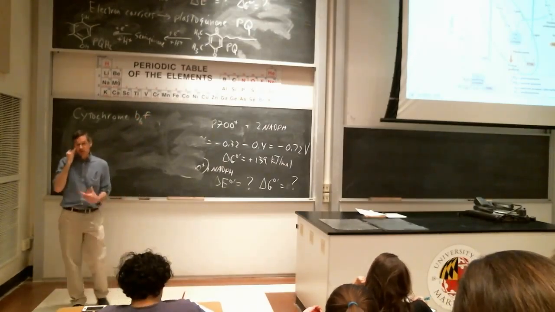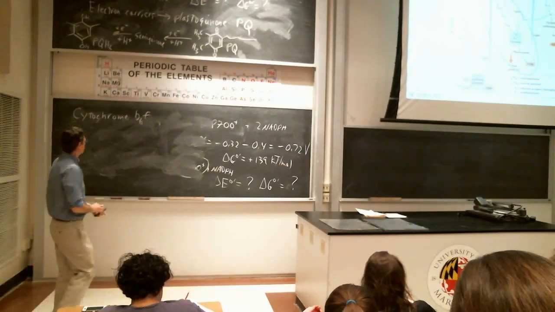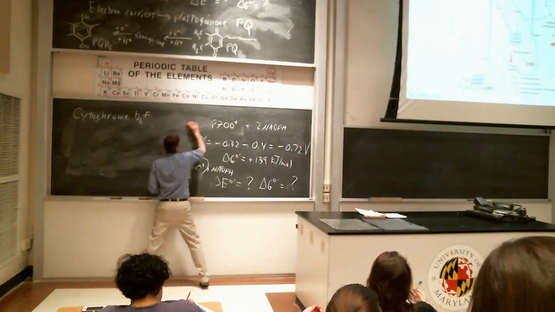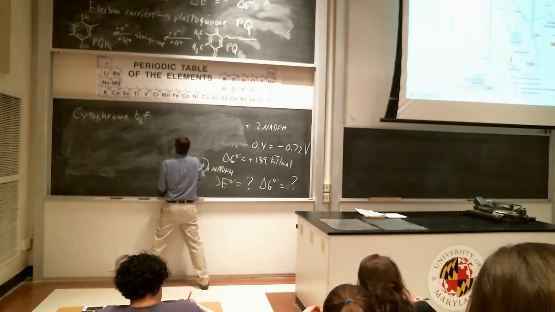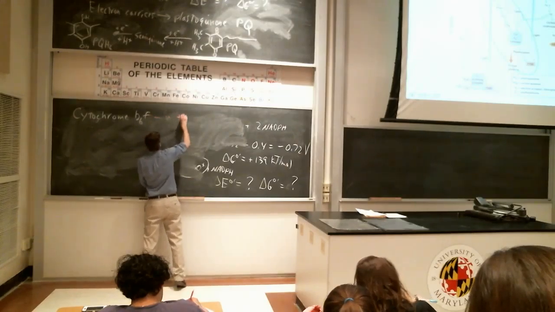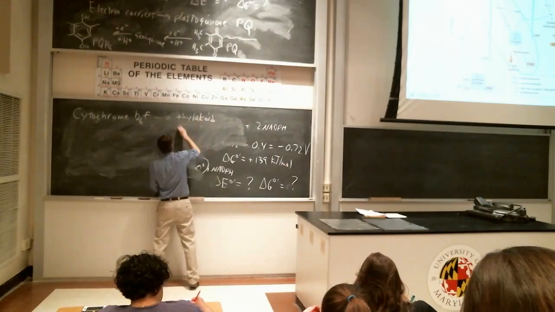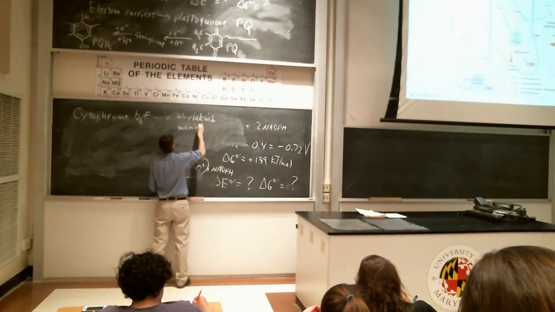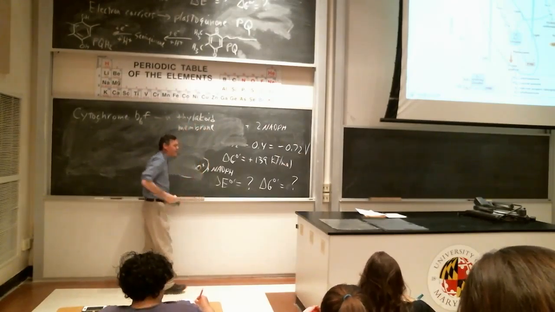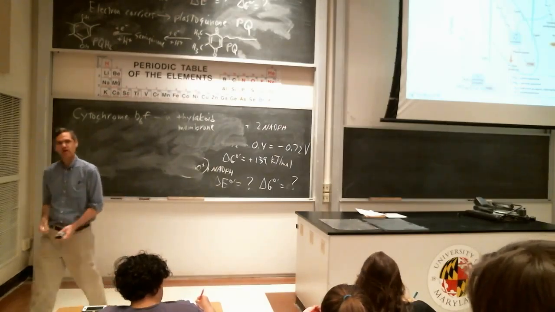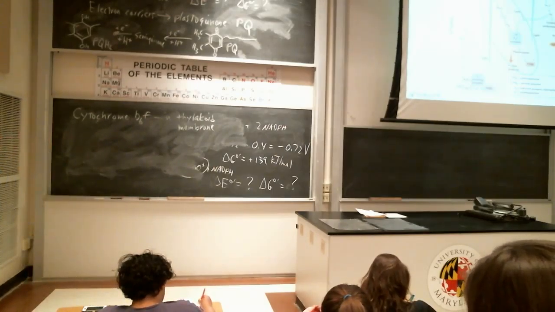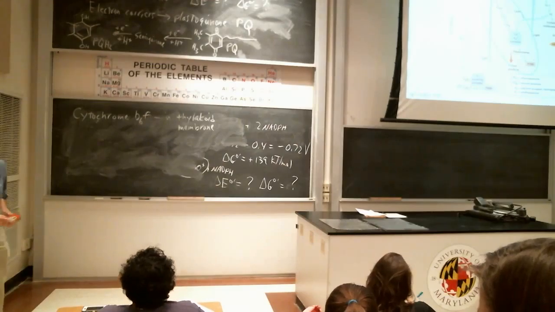Cytochrome b6f is a multi-protein complex which is found in the thylakoid membrane. And it catalyzes a reaction which is in some ways analogous to complex 3 of mitochondrial electron transport.